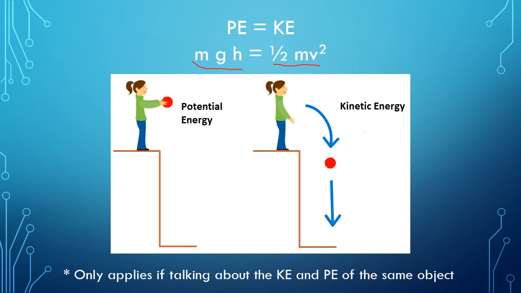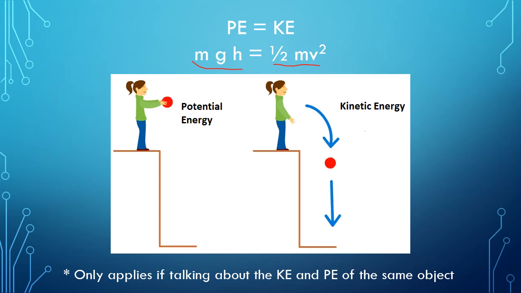When I drop that ball, that potential energy is going to be converted into kinetic energy, moving energy. Since potential energy and kinetic energy have to be equal to each other due to the conservation of energy, that 12 joules of potential energy is going to be fully converted into 12 joules of kinetic energy.